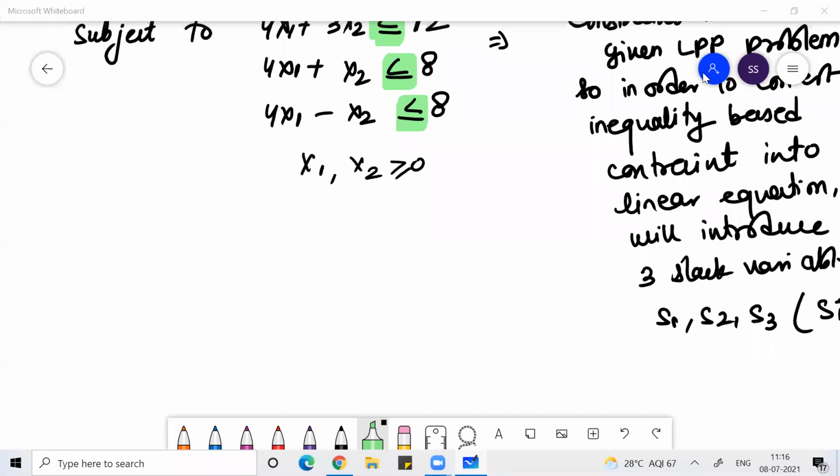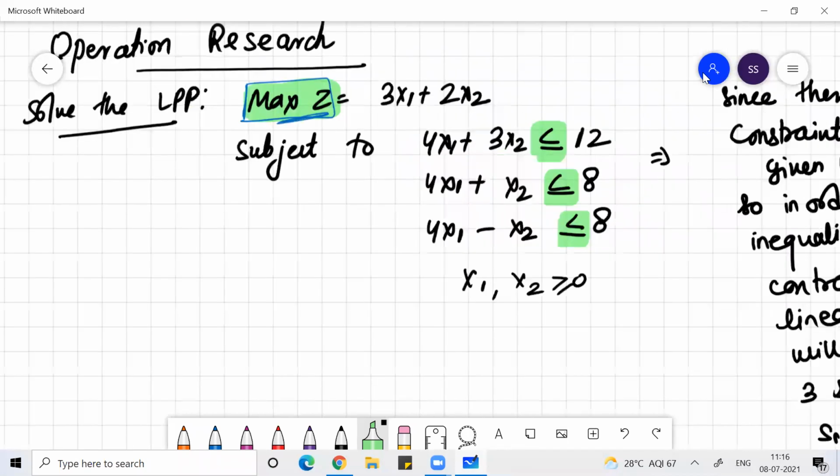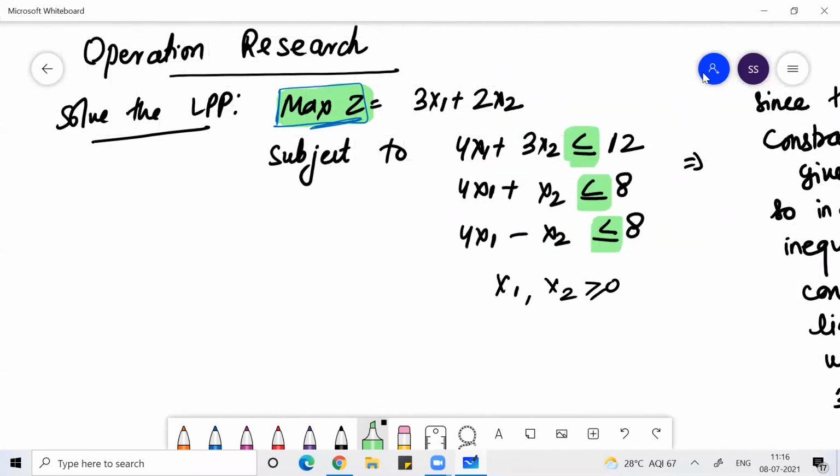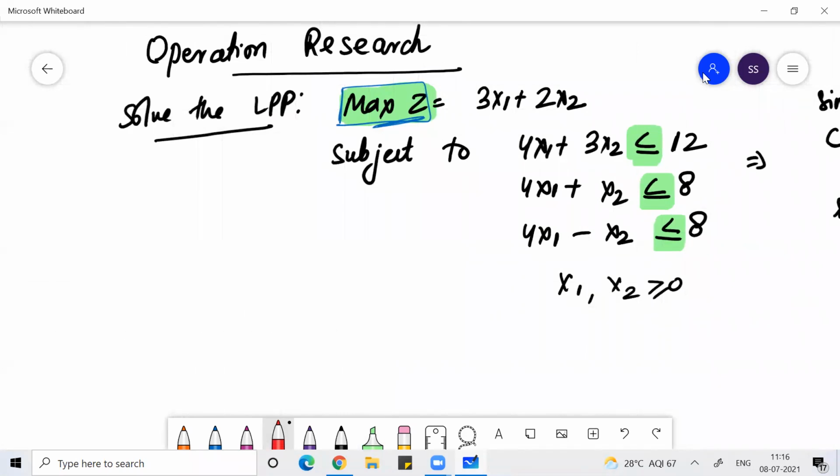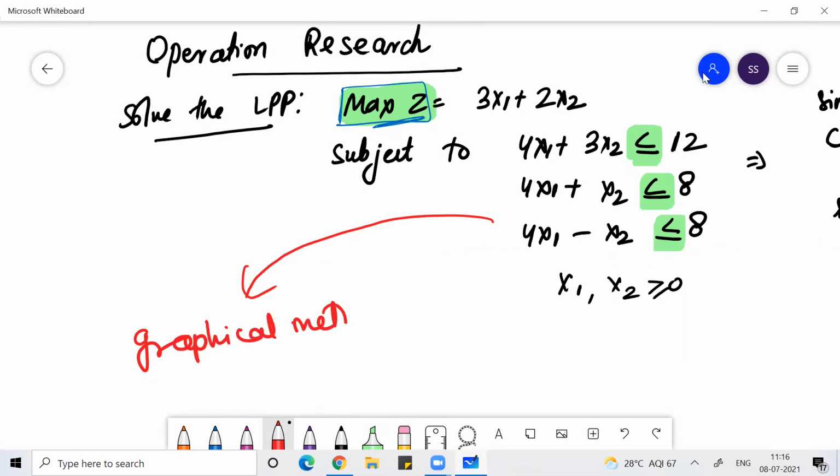So once we get the solution, then we can solve the same problem by graphical method also. If we are trying to solve the problem by graphical method, we'll focus on the constraint, assuming that the constraint has an equality sign.